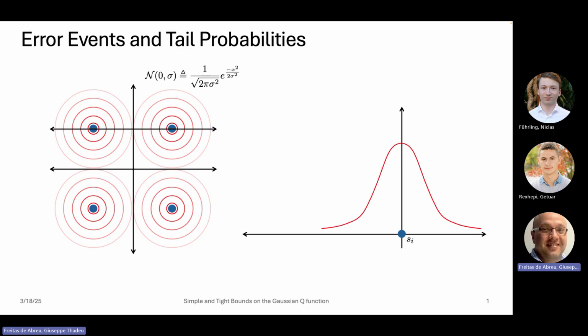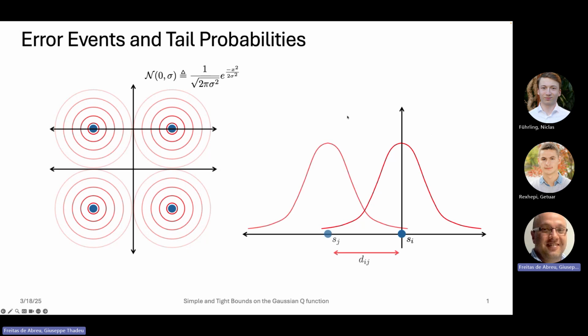So that means that if you go and look into the error events, in particular the so-called pairwise error probabilities that describe the likelihood that you receive a symbol erroneously, then these are described by these so-called tail probabilities. So on the right-hand side here, I have an illustration. Let's say that you transmitted the symbol S sub i, and you were affected by a certain Gaussian with a given variance.